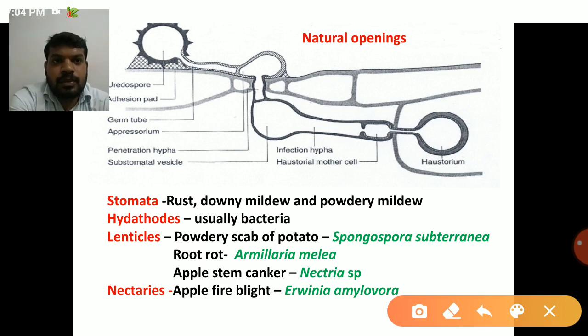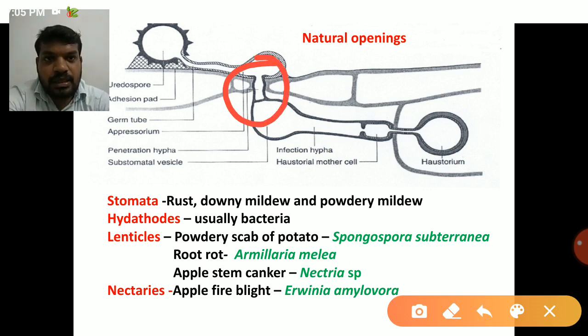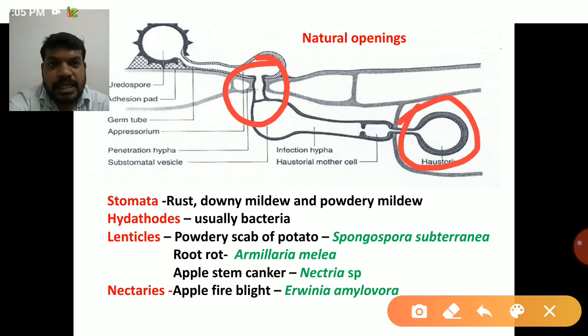The pathogen does not produce any aggressive pressure against natural openings. So it will nicely enter the natural openings already present in plants. You can see this picture. Otherwise, all the processes are the same as direct penetration. It will produce haustoria and take nutrients from plants.